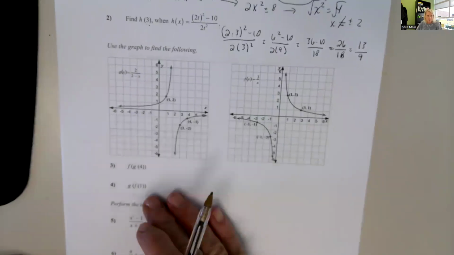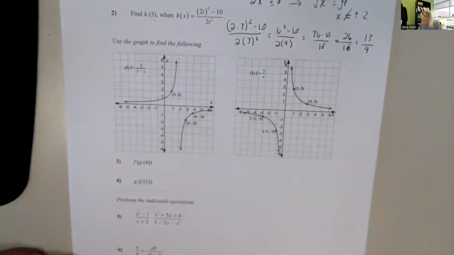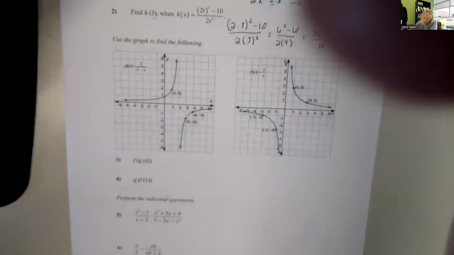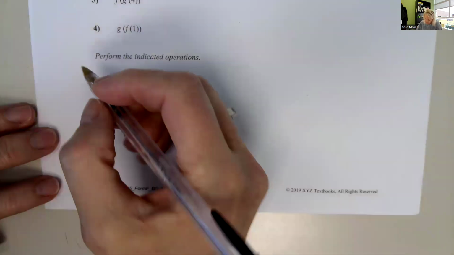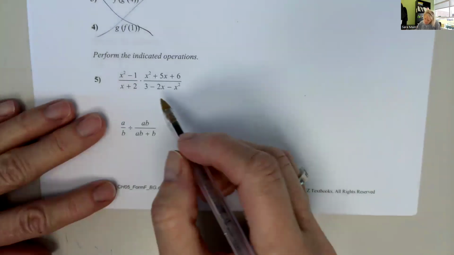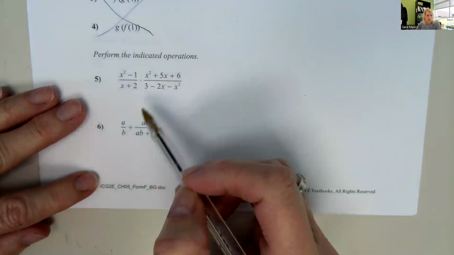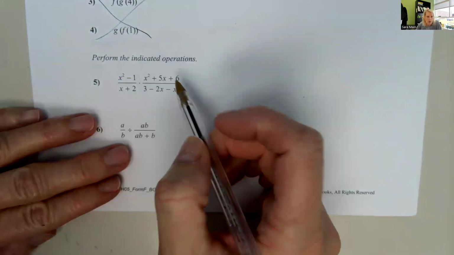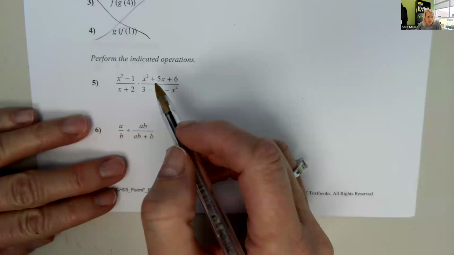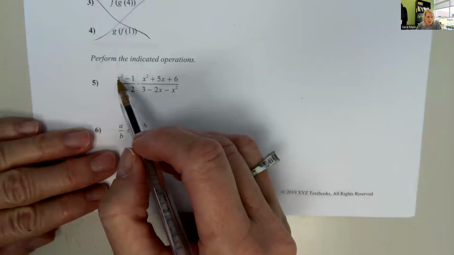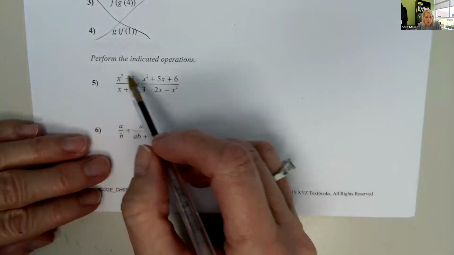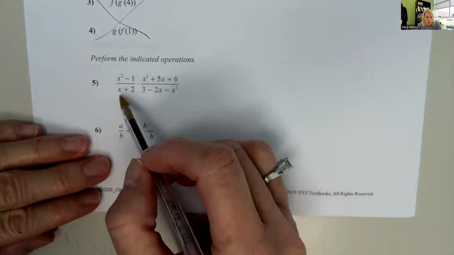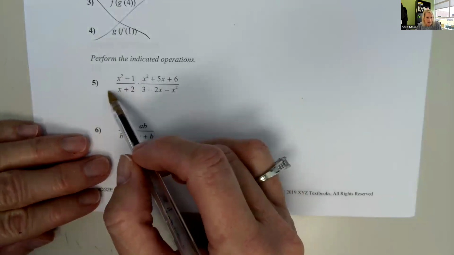On the fraction graphs, numbers 3 and 4, I am skipping. You're going to go down to 5 and 6. When we are multiplying and dividing fractions, we need to look at whether we need to factor first. Anytime you have an exponent of 1, you don't need to factor. It's been factored enough.